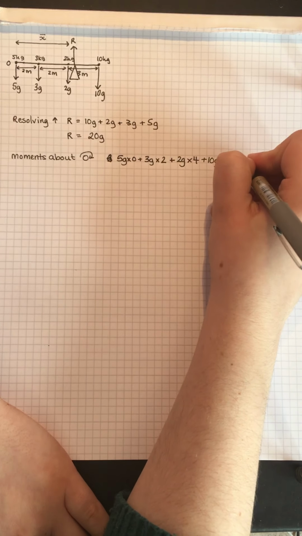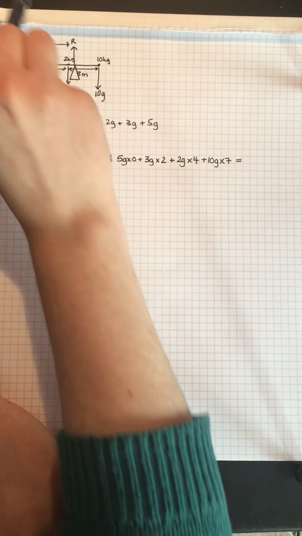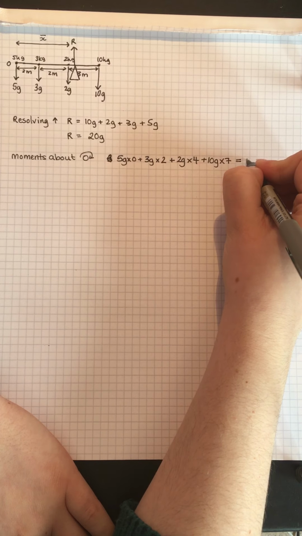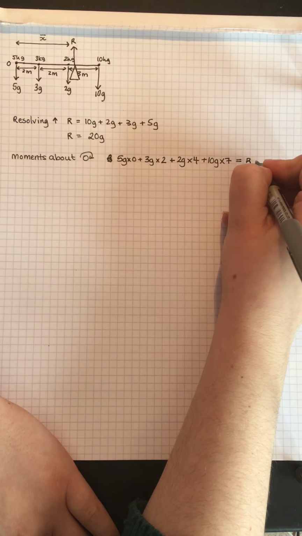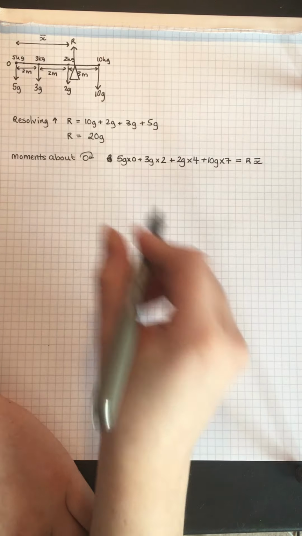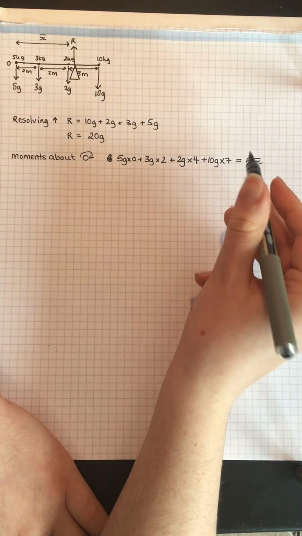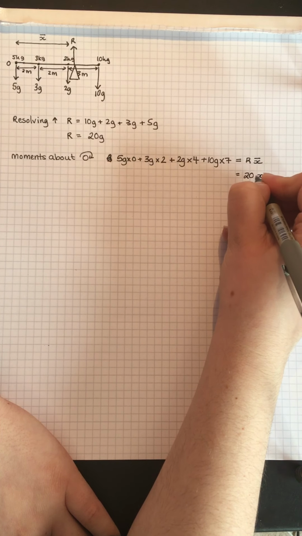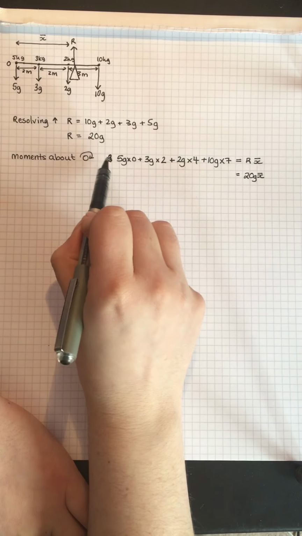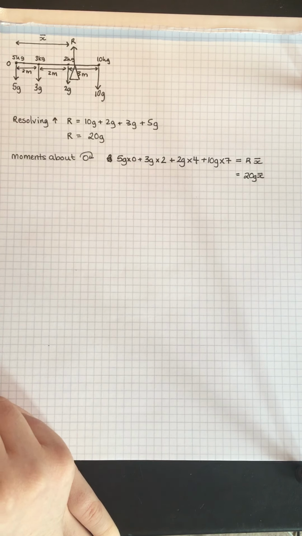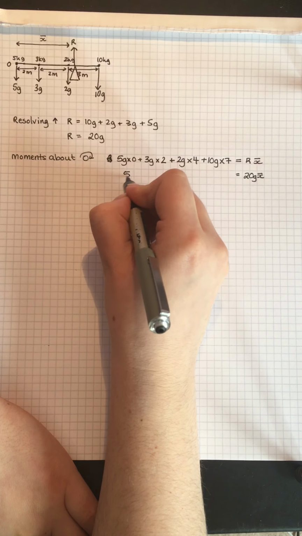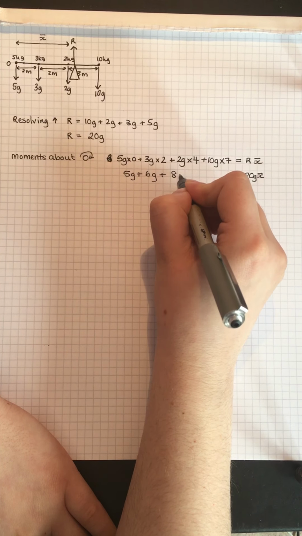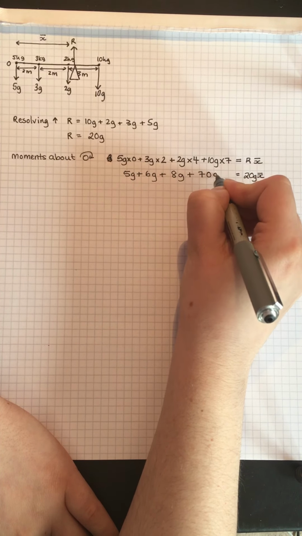And that's going to be equal to, because the R is going to go in the other direction, anti-clockwise, R times that distance which we have called x bar. Now we already worked out the size of the reaction force, that's 20g, so that's going to be equal to 20g x bar. And adding up all of these, we will have 5g plus 6g plus 8g plus 70g.